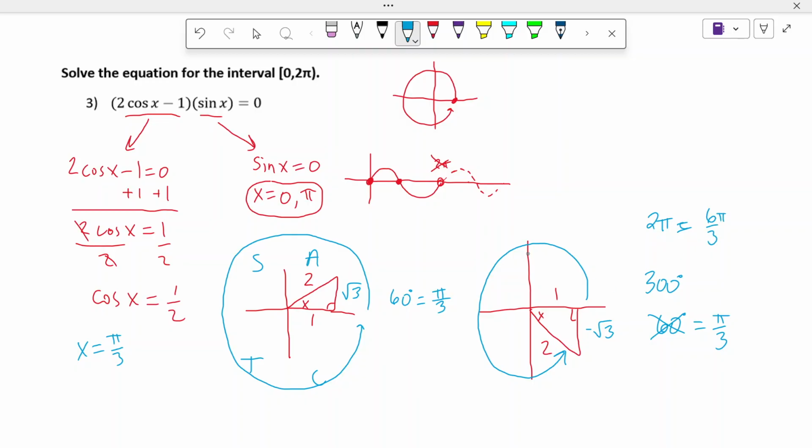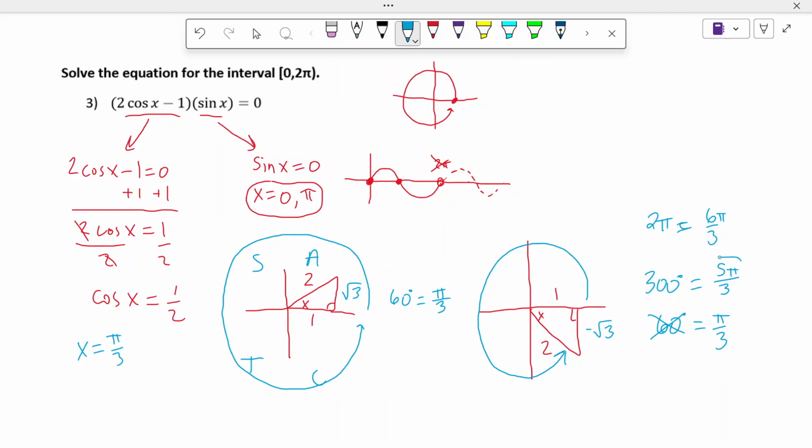That would be a full rotation. But we're pi over 3 shy, that's 60 degrees shy, from a full rotation. Just like we were 60 degrees shy from a full 360, it would be 300 degrees, or pi over 3 shy from 6 pi over 3. So that's actually 5 pi over 3, because we're 1/3 shy.